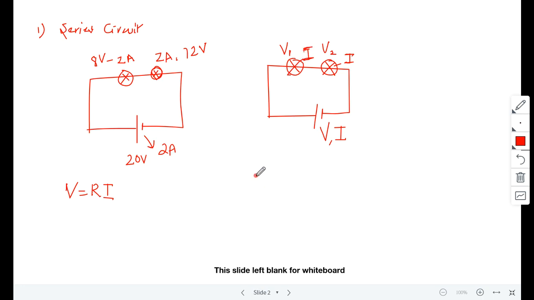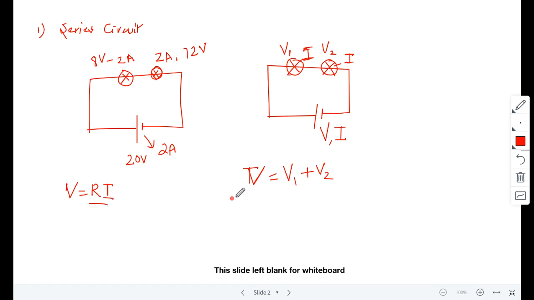Now if I apply Ohm's law in this case, then V should be equal to V1 plus V2. Is this point clear? Yes. And from Ohm's law, V is equal to RI.